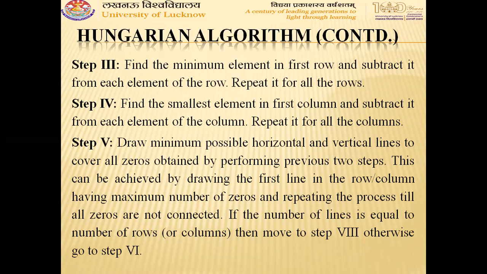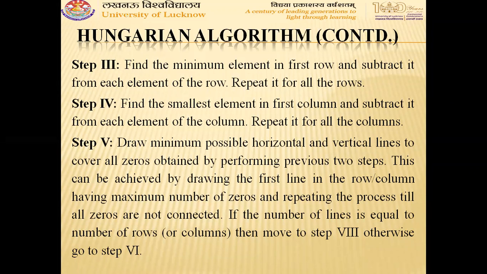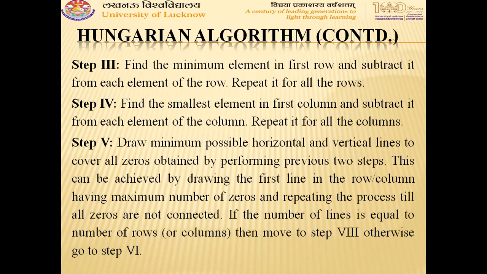The next step says to find the smallest element in the first column and subtract it from each element of the column, and repeat the process for all the columns. It will be explained with the example later.